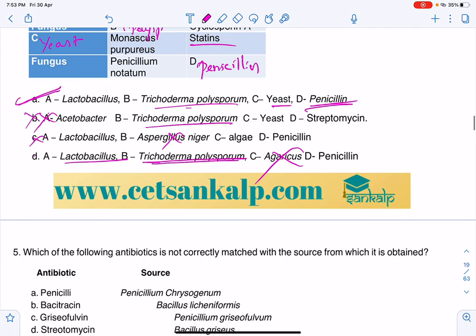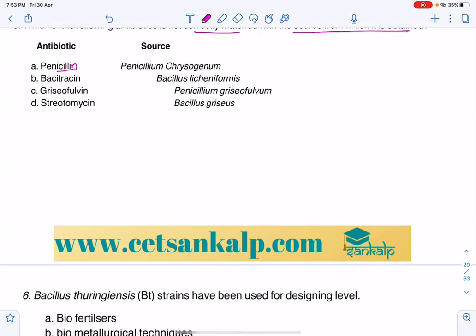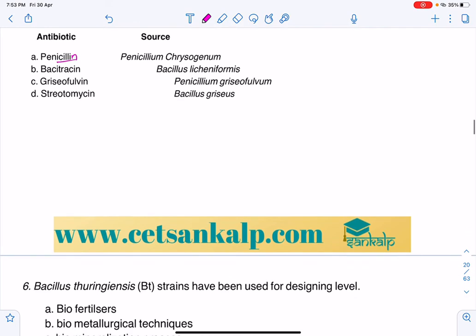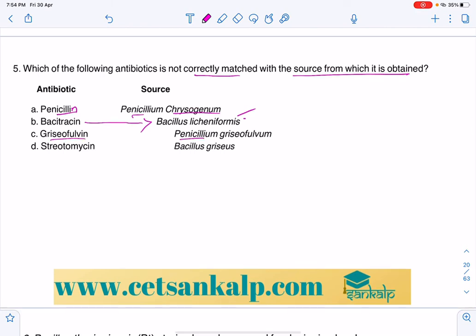Next. Which of the following antibiotics is not correctly matched with the source from which it is obtained? So penicillin is obtained from Penicillium chrysogenum. We can select this also. Bacitracin is from Bacillus licheniformis, and this is also correct, right? And griseofulvin, Penicillium griseofulvum, that is also correct.